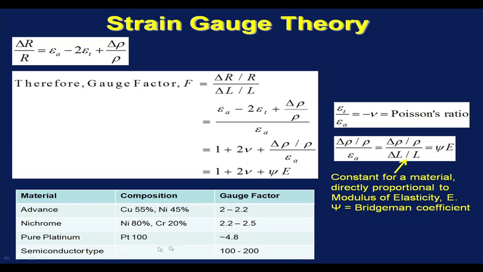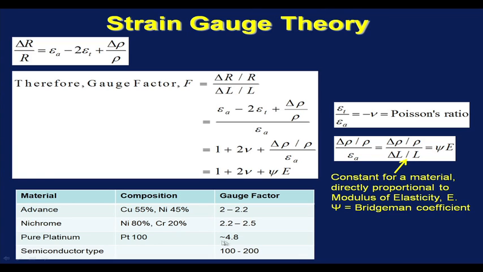If I look at gauge factor of some of the materials that are used for strain gauge, we see that advance, which has composition copper 55% and nickel 45%, has a gauge factor between 2 to 2.2. Similarly, nichrome, which is an alloy of nickel and chromium with nickel 80% and chromium 20%, has gauge factor of 2.2 to 2.5.